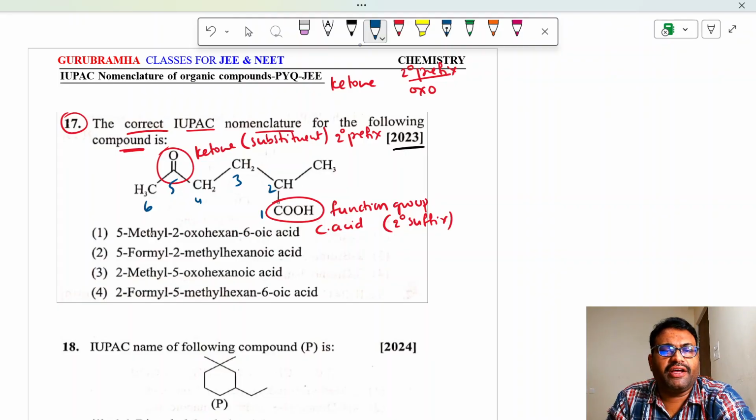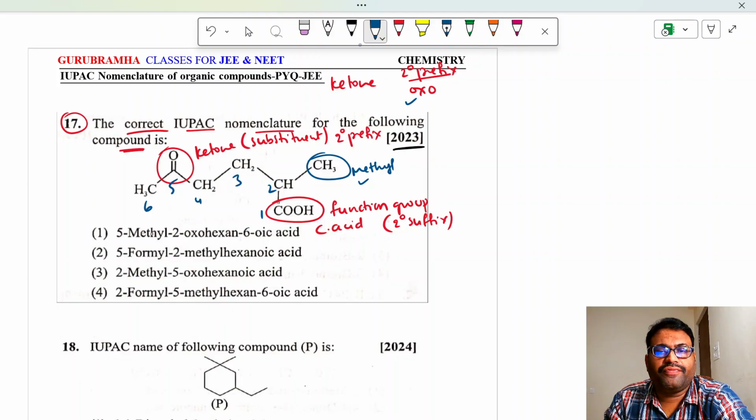So this is the parent chain. In this parent chain, what is the substituent again? Another substituent we have, that is methyl. So two substituents we are having now. One is methyl. Ketone functional group is also considered to be substituent. So two substituents. One is starting with oxo, another is starting with the methyl.